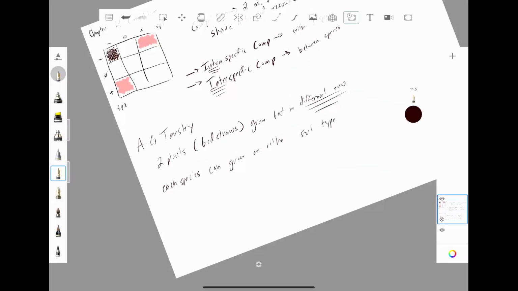And this is a really key concept. The idea of fundamental versus realized niche.